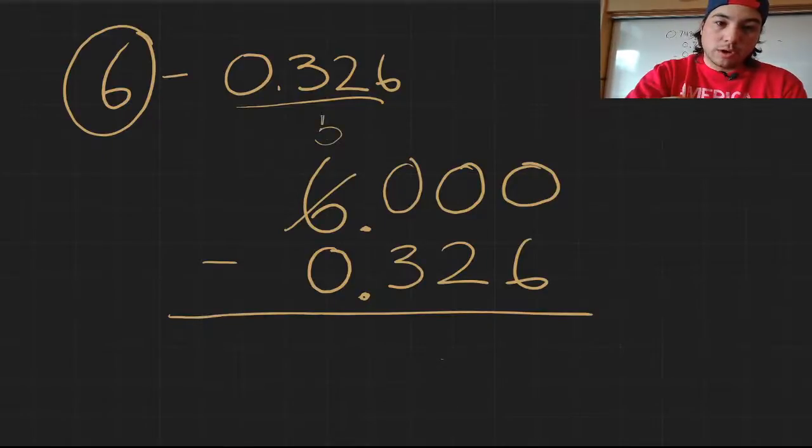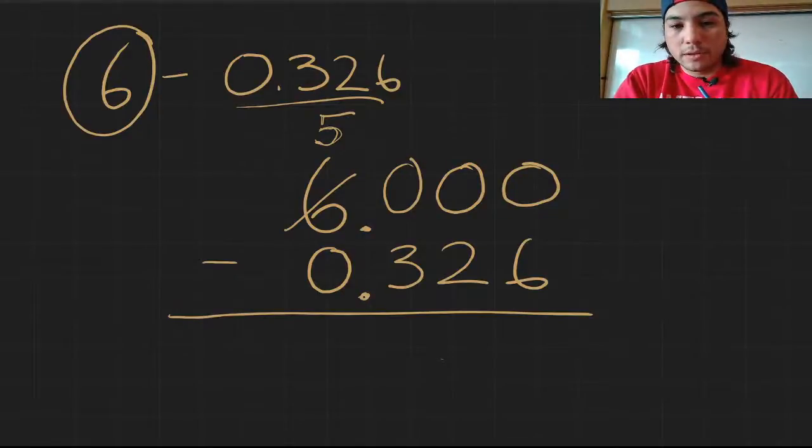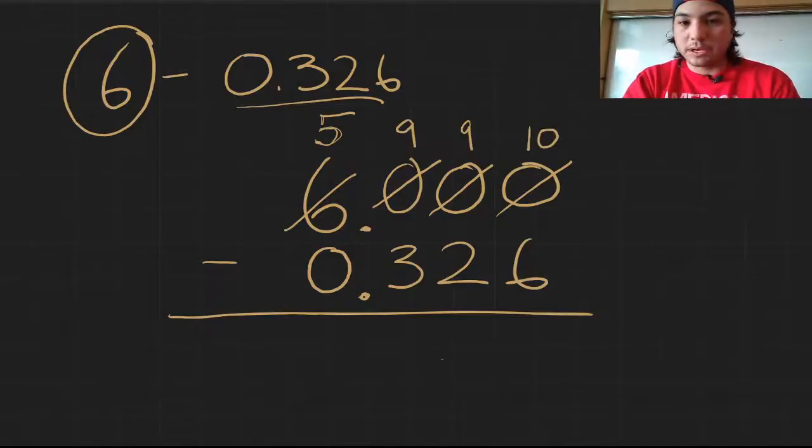So I'm going to take one whole and make it 5 left in the ones. Then I'm going to cross all these out. Your last place becomes a 10. Everything else becomes 9s. I know, right?